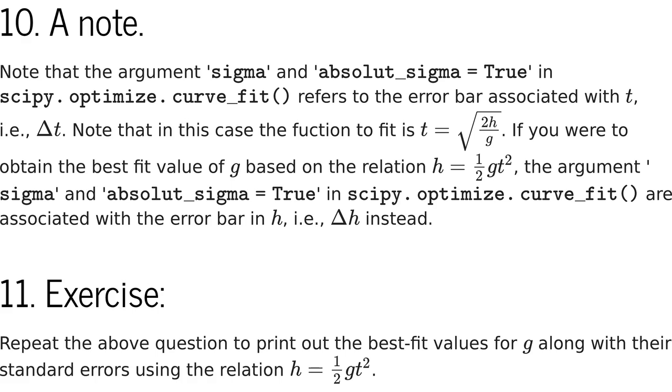A critical aspect we explored is understanding the uncertainty associated with these parameters by interpreting the covariance matrix to calculate standard errors. Furthermore, we learned how to incorporate known measurement errors directly into the fitting process, allowing for even more accurate and realistic assessments of our model parameters.